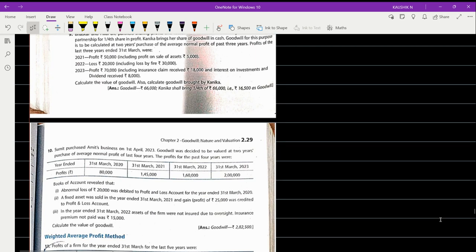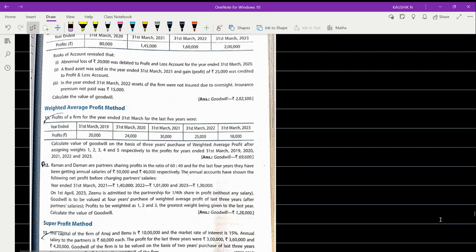Now look at sum number 11. There are two problems under this: one with adjustment, one without adjustment. First, let us understand the concept without adjustment, then we shall go for the adjustment concepts.